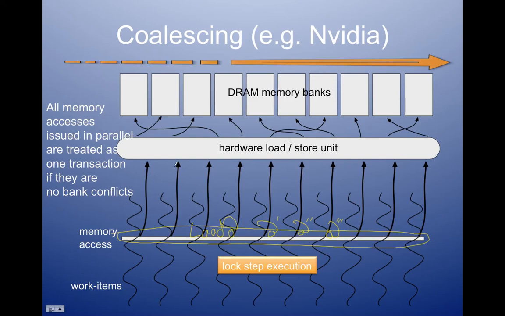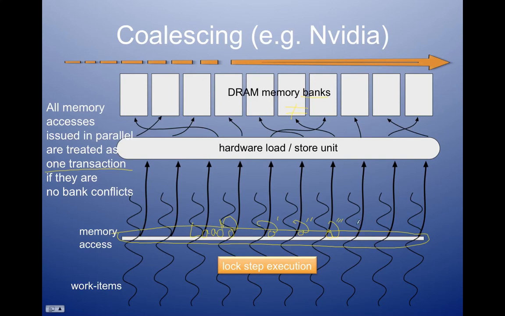And what the hardware does is, if these accesses are accessing different banks, the hardware can see that and do all these accesses in parallel to the memory banks. So that will be very efficient. You only get one transaction to do all the accesses for the work items.